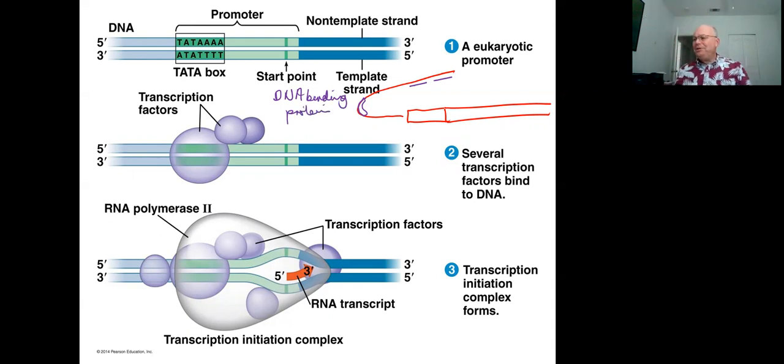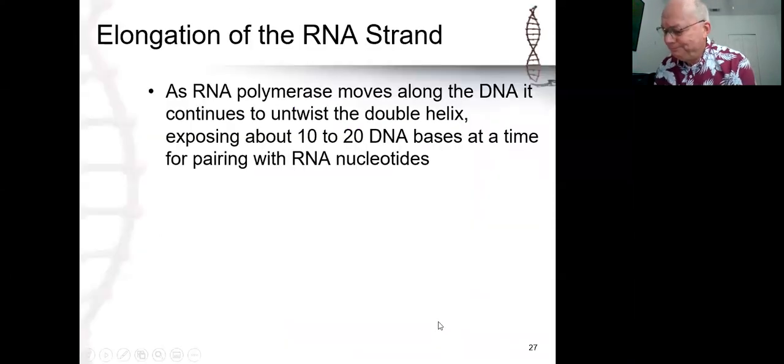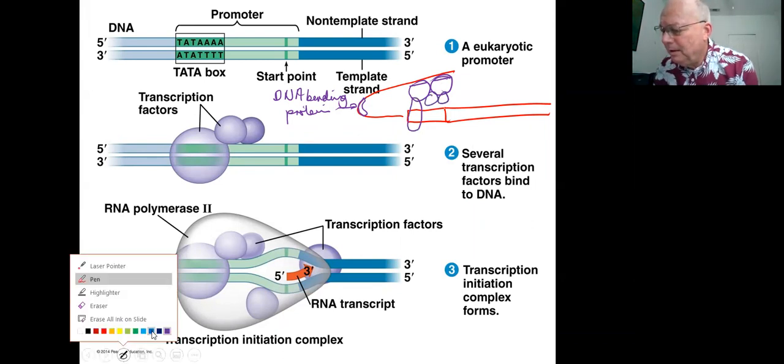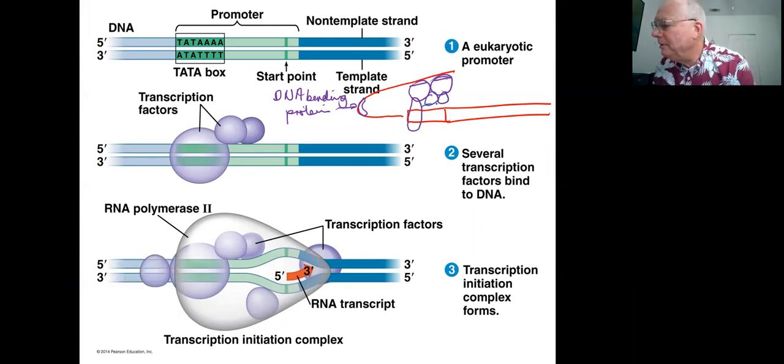It actually binds to the DNA and bends it around to bring the enhancer sequences adjacent to the promoter region. That then allows transcription factors to bind to the TATA box and adjacent to the TATA box, which then allows the DNA polymerase to bind to the promoter.